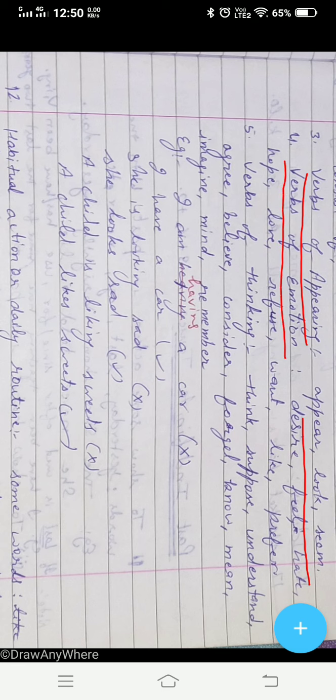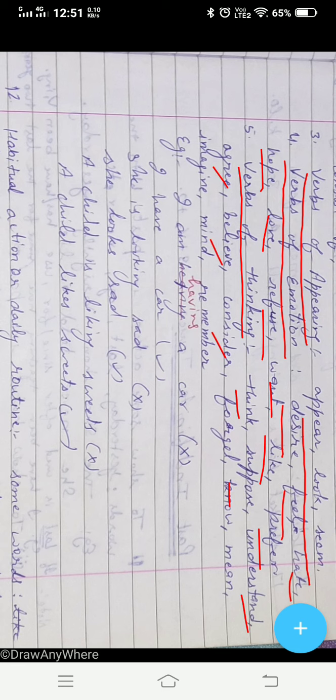Verbs of emotions, desire: feel, hate, love, hope, refuse, want, like, prefer. Verbs of thinking: think, suppose, understand, agree, believe, consider, forget, know, mean, imagine, mind, remember.